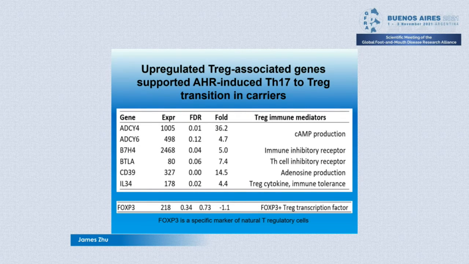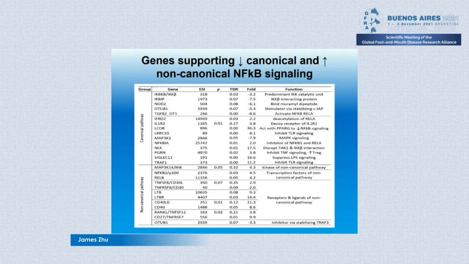Six Treg-associated genes upregulated in carrier but not upregulated FOXP3 suggested AHR-mediated Th17 to Treg transition. The differential expression of genes in the NF-κB signaling pathways supported AHR-mediated immune inhibition of IL-17 signaling in carriers.